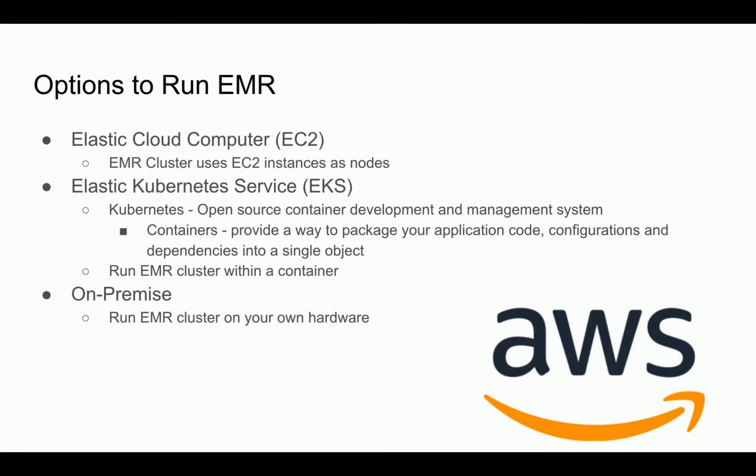A container provides a way for you to package your application code, configurations, and dependencies into a single object, and using containerized applications, you'll be able to run your application easily in many different environments. And you'll be able to run your EMR cluster inside one of these Kubernetes containers. With EMR, you also have the option to create your cluster on-premise and use your own hardware as the nodes as part of your EMR cluster.